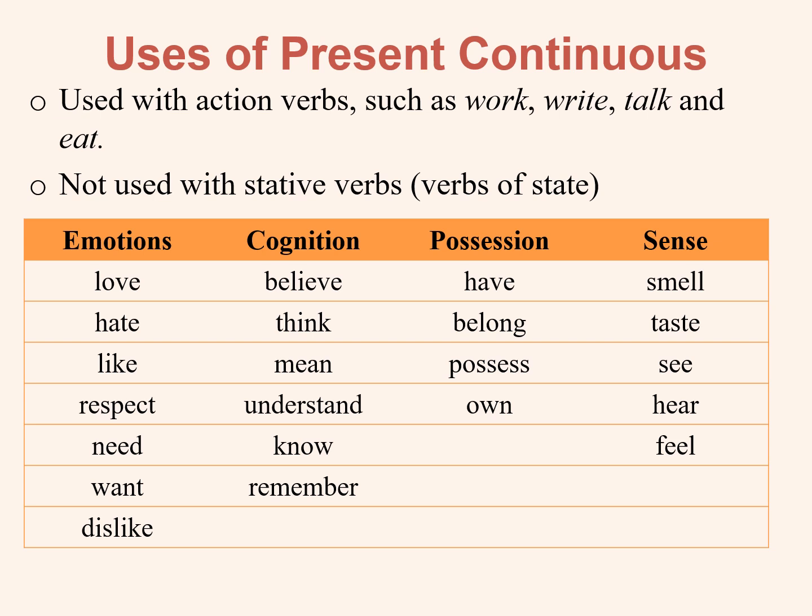Also, the verbs of sense can sometimes be used as verbs of action. For example, when used as a verb of sense, taste, in the sentence, the soup tastes salty, there, taste means the sense of taste. But in the sentence, my friend is tasting the soup, there, taste is being used as an action.